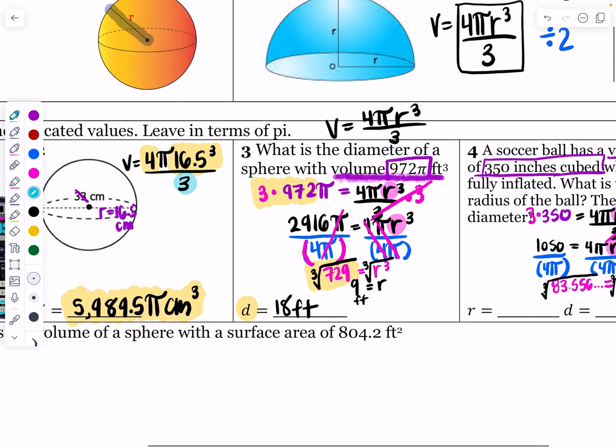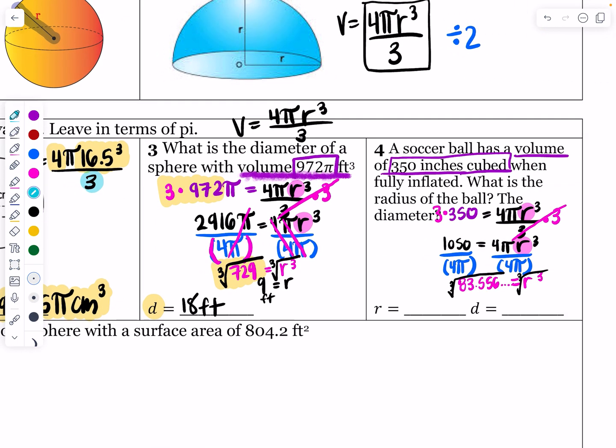So you take the cubed root: 3, x root, second, answer. That gives me a radius of about 4.4 inches, which would give me a diameter of about 8.8 inches.